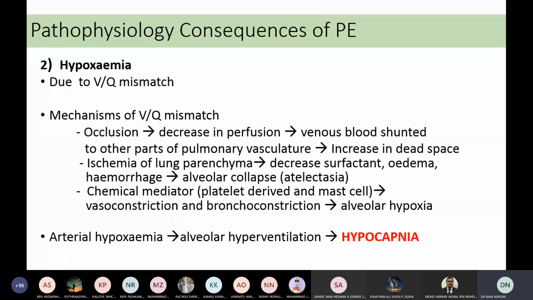The outcome is the opposite in the place where there's a lot of blood but the ventilation is only that much. A lot of blood goes into this area and they have to share, so the oxygen saturation of this part is actually less. Do you get what I mean? Because there is more blood, but ventilation is less.